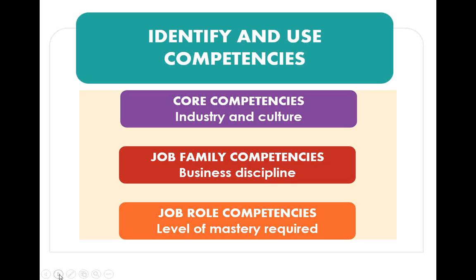Now, job family competencies, that's going to depend completely on the chosen field. Okay? So in marketing, it could be as many as 6 or 7, and HR could be 9 or 10. But the trick, really, where you really want to hone in on it, is at the job role level, the correct level of mastery, because this is really where individual development plans and working for improvement occurs.